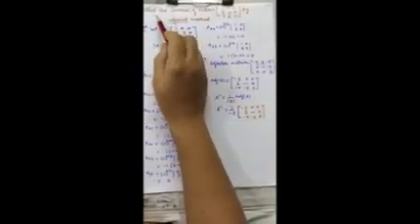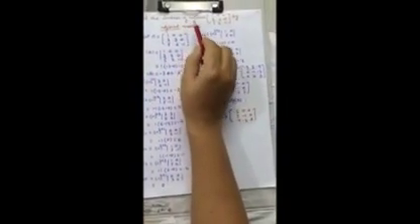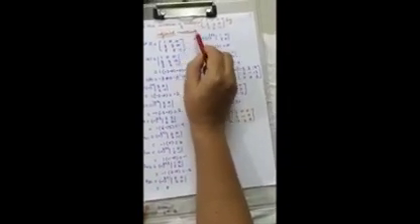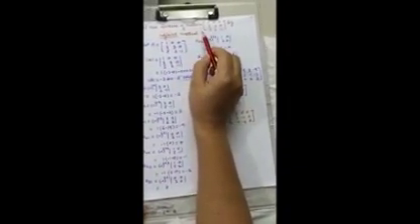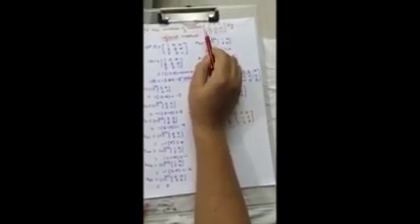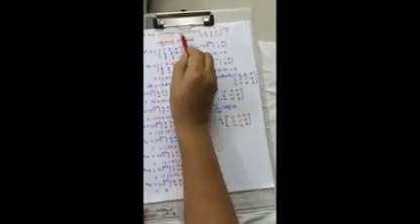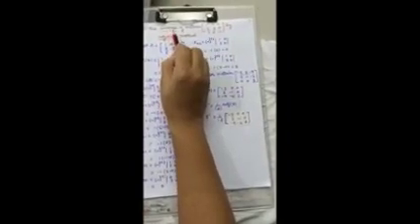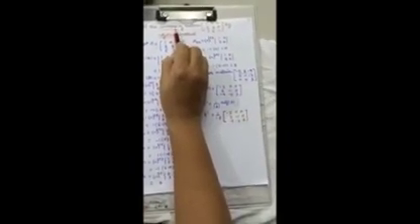Earlier we have seen how to find out the adjoint of a matrix. Once you have practiced that, using the same method, we will see how to find out the inverse of a matrix by the adjoint method. Now we are going to find out the inverse of a matrix.